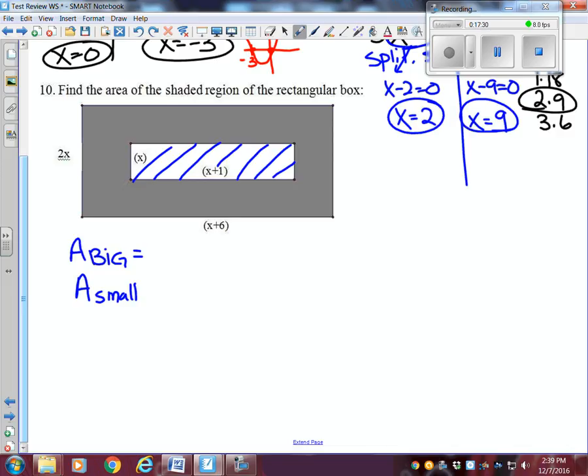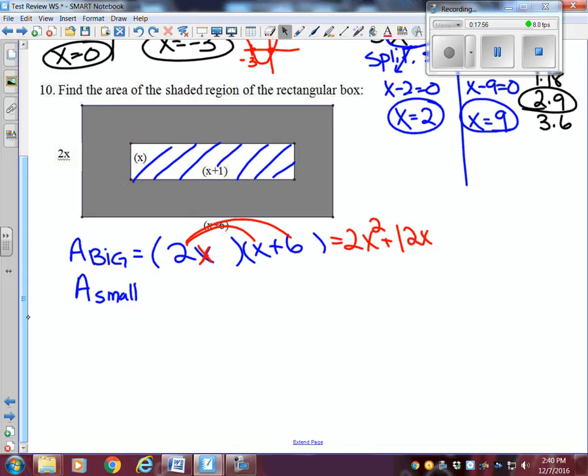So area of the big one, we'll multiply. Looks like it's 2x times x plus 6. So I don't have to lobster claw, I just have one term here. 2x times x is 2, and don't forget, add exponents, 2x squared. 2x times 6 is 12x. That is the area of my big rectangle.